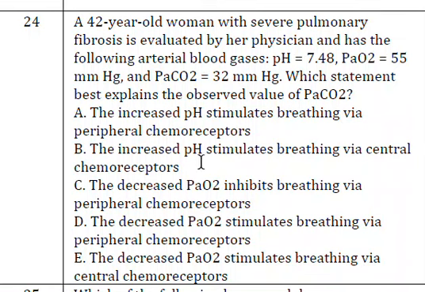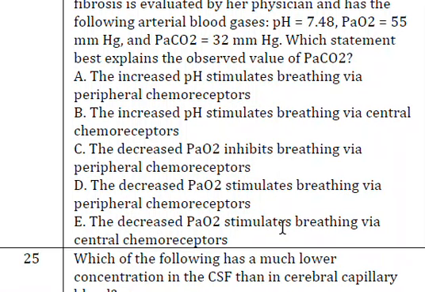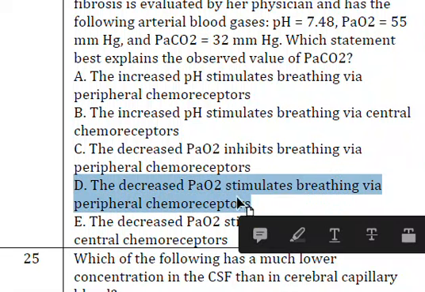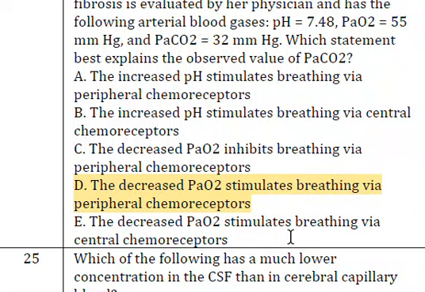B. The increased pH stimulates breathing via central chemoreceptors. C. The decreased PaO2 inhibits breathing via peripheral chemoreceptors. D. The decreased PaO2 stimulates breathing via peripheral chemoreceptors. E. The decreased PaO2 stimulates breathing via central chemoreceptors. And the answer is D. The decreased PaO2 stimulates breathing via peripheral chemoreceptors.